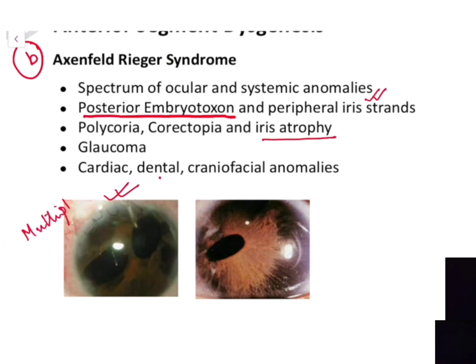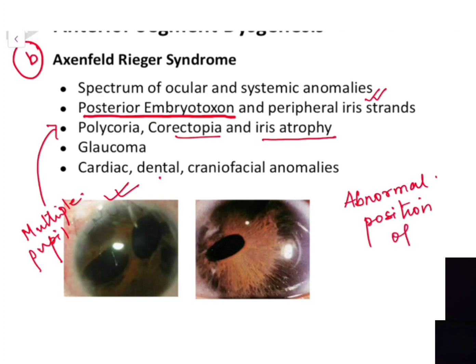So there are multiple pupils or polychoria, and there is corectopia. Corectopia means abnormal position of the pupil. So corectopia or abnormal position of the pupil, polychoria or multiple pupils, and patches of iris atrophy with iris strands. So you can understand here, apart from the posterior part of the cornea, the iris is also getting involved.